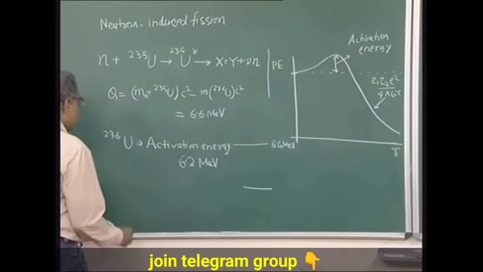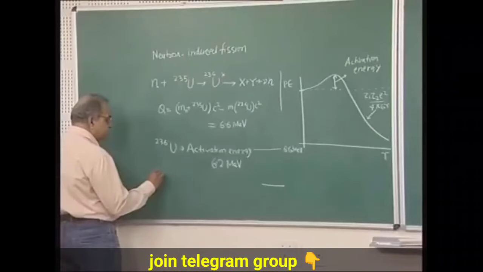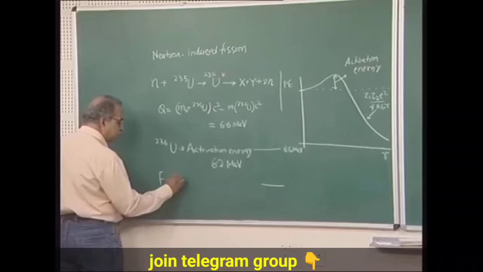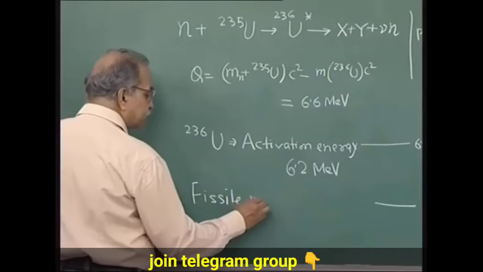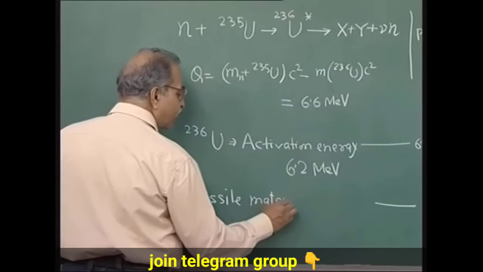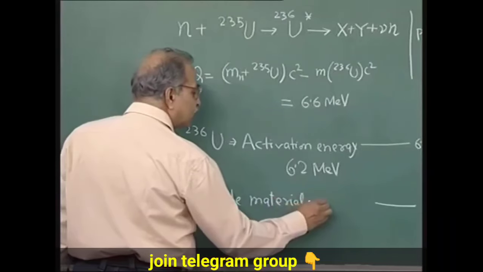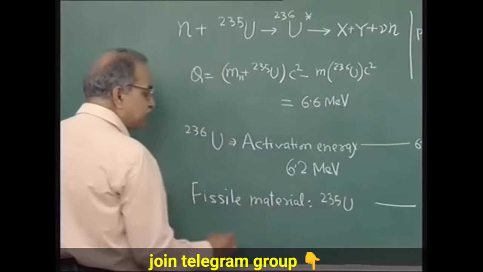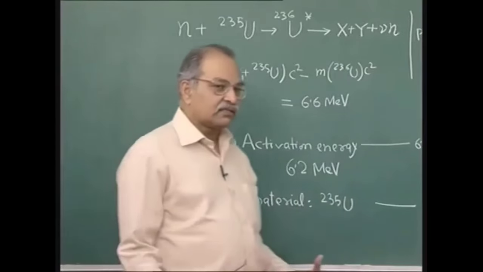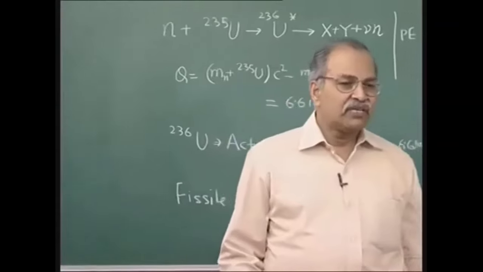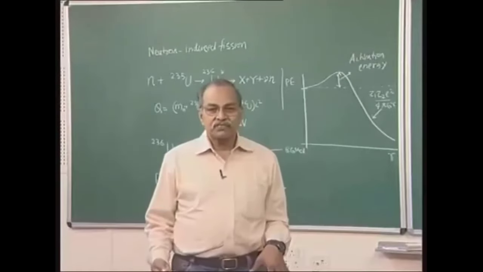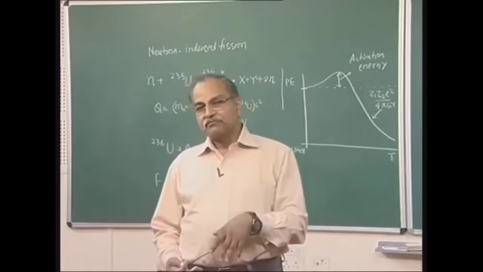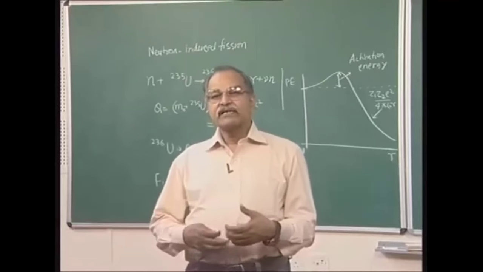So, such materials are called fissile materials. Uranium 235 is a fissile material. Fissile material means materials in which very low energy neutrons can get absorbed, and then without any potential barrier penetration they can readily fission.